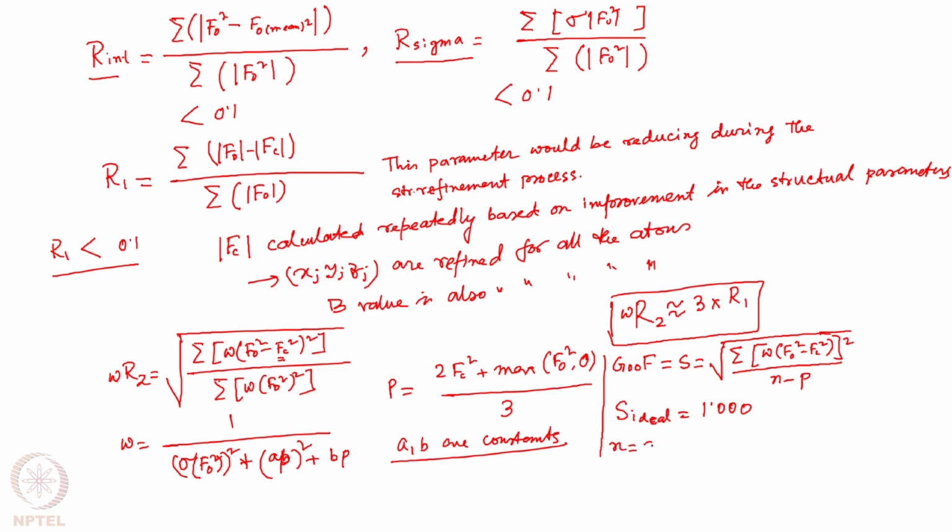Here N is equal to the number of reflections and P is the number of refinable parameters.